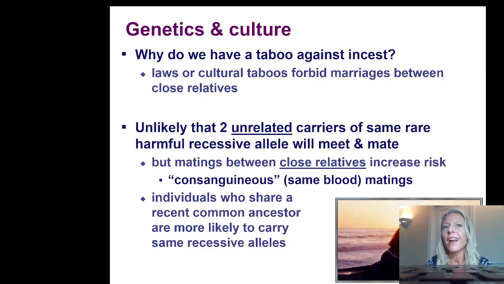It's usually pretty unlikely that two people who are unrelated and carrying the same rare allele will meet and mate, which would increase the prevalence of that rare disease in the population. But matings between close relatives who do have those alleles increases that risk. So if you share a recent common ancestry with someone, you are more likely to carry the same recessive alleles and produce offspring with recessive diseases.